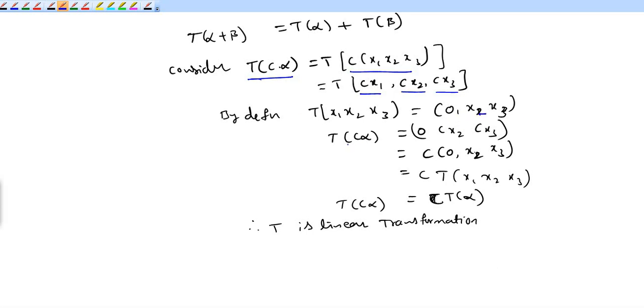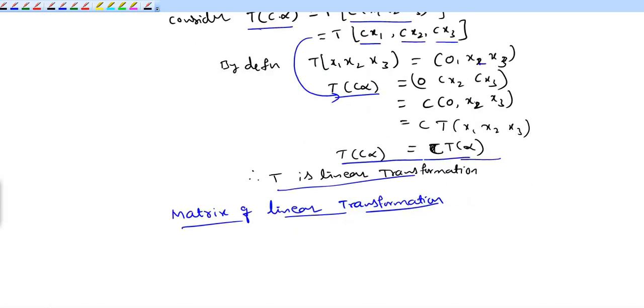This is from the definition. Now we can write it as C of 0, x2, x3, or C into T of x1, x2, x3. Therefore T of C alpha is equal to C into T of alpha. Both the conditions are satisfied, therefore T is a linear transformation.